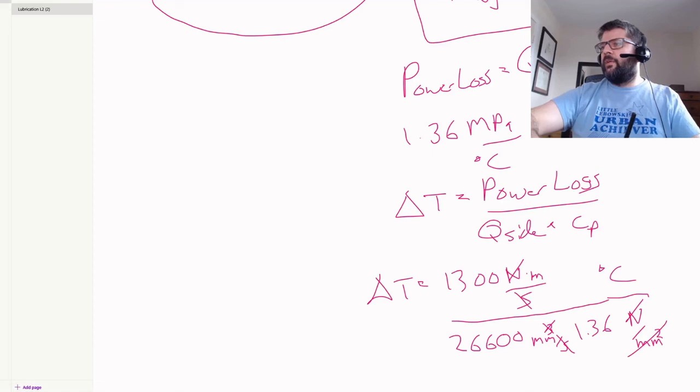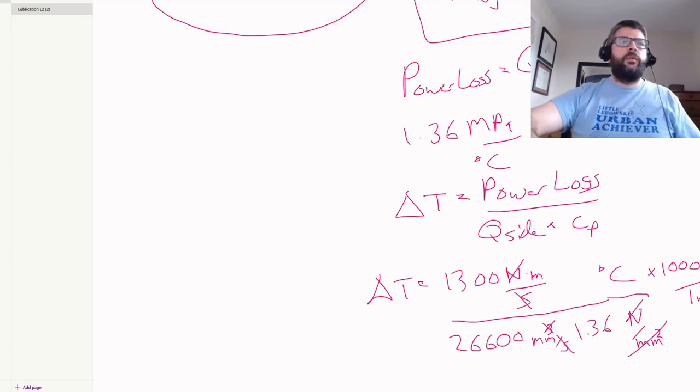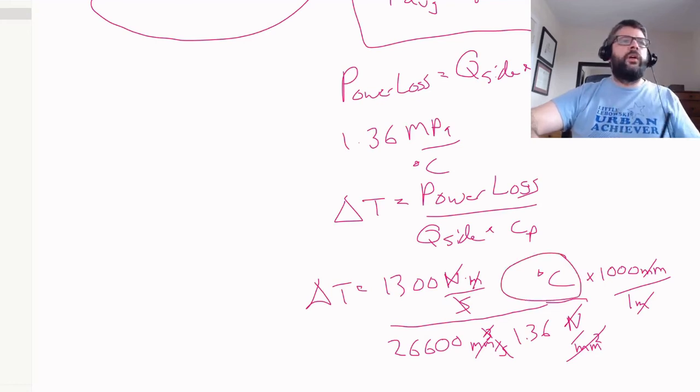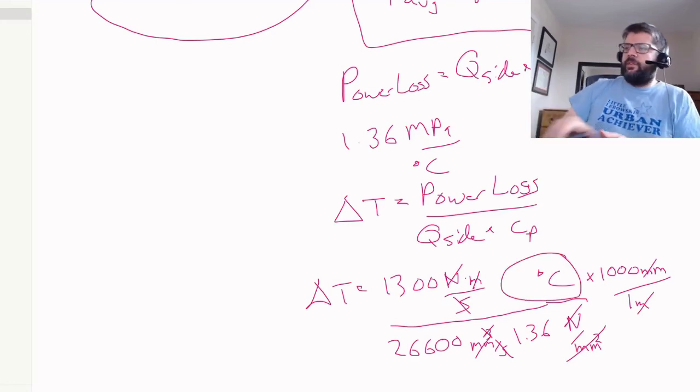So what we need to do is also multiply this by 1,000 millimeters per meter. Oh, I realize I'm writing off the screen for what you can see here. So the meters cancel out, our millimeters cancel out down here, and we're left with a delta T in terms of degrees Celsius.